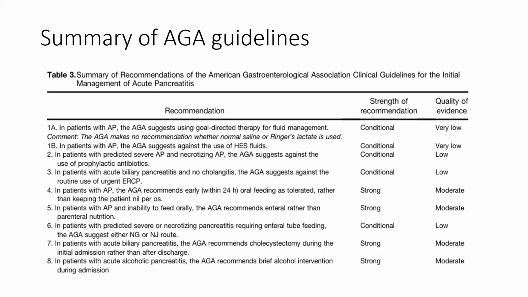In patients with acute biliary pancreatitis, AGA recommends cholecystectomy during the initial admission rather than after discharge. And in patients with acute alcoholic pancreatitis, AGA recommends brief alcohol intervention during admission.